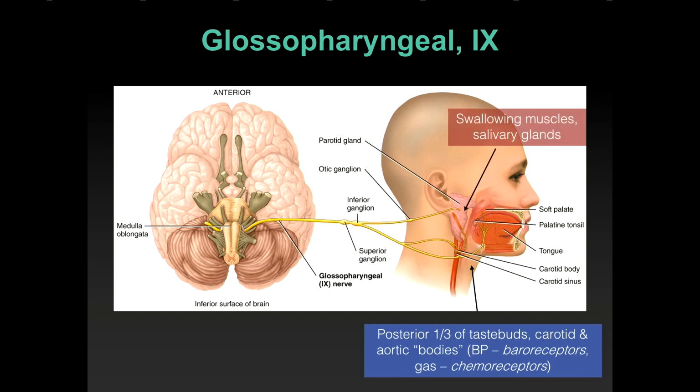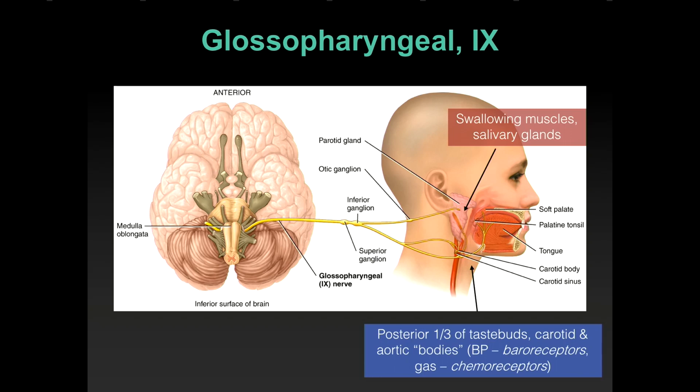Motor information controls the muscles of swallowing in the pharynx, and also some activation of salivary glands. And you can see some of the names of the muscles and structures, but again, we're deferring our discussion of those in detail until later.